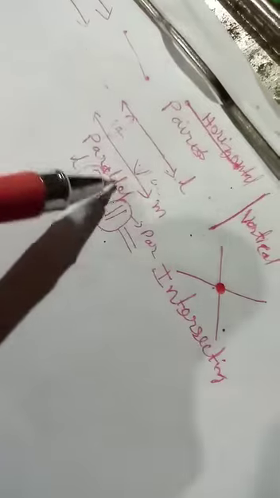So remember, the lines which never cut one another, no matter how much we extend them, and the distance between them is always equal, such kind of lines we call parallel lines. Then if we have two lines that meet one another at one point, such kind of lines we call intersecting lines.